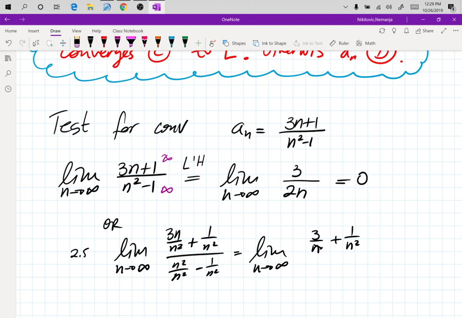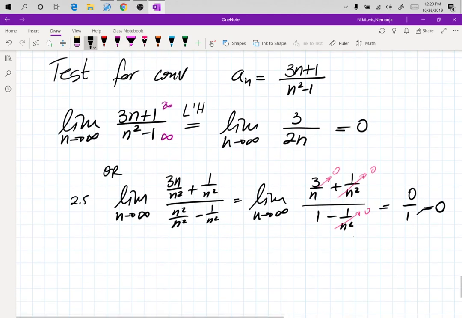Hold on, it got smudged. There we go. Divided by 1 minus 1 over n squared. So now all of these go to 0, and you just get 0 divided by 1, which is 0. So that's another way.